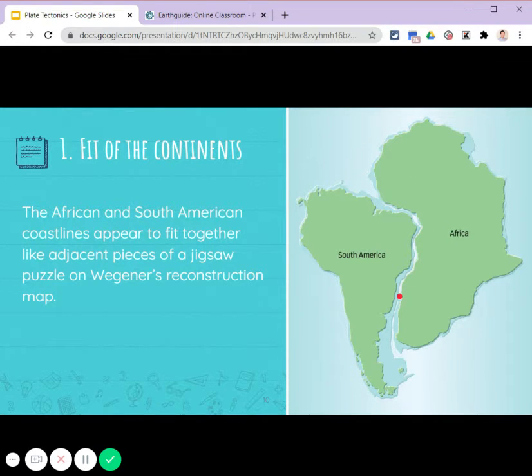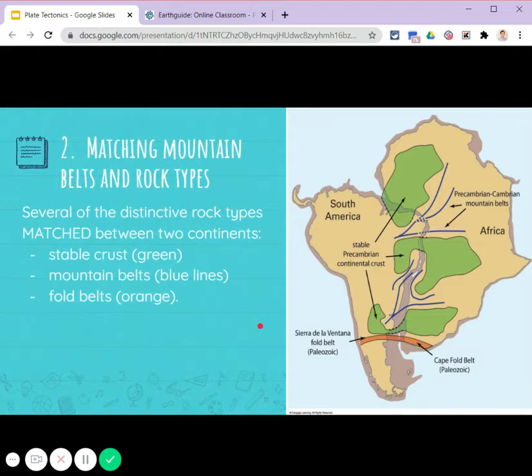They seemed to fit like a jigsaw puzzle. And the only explanation that he could think of at that time was that these continents were once joined together. Otherwise, they wouldn't have that perfect fit. Okay, so that's the first evidence. The second is called matching mountain belts and rock types.